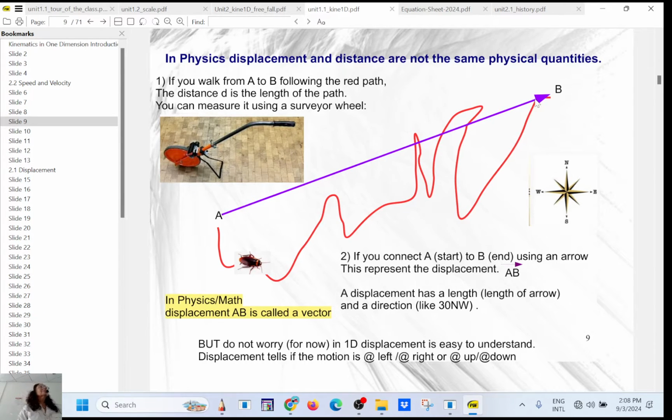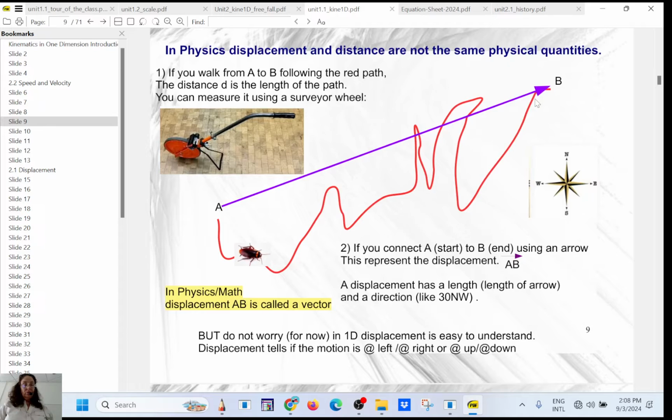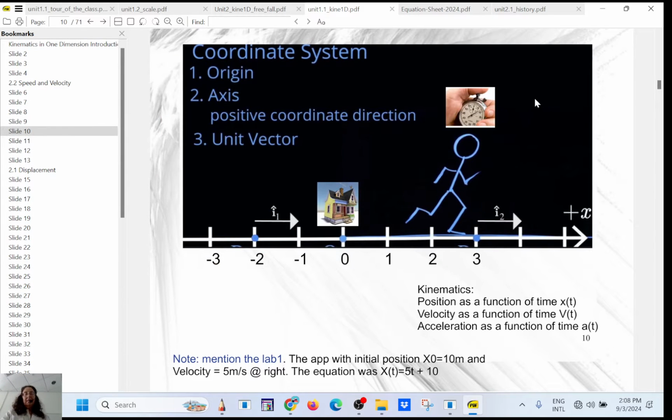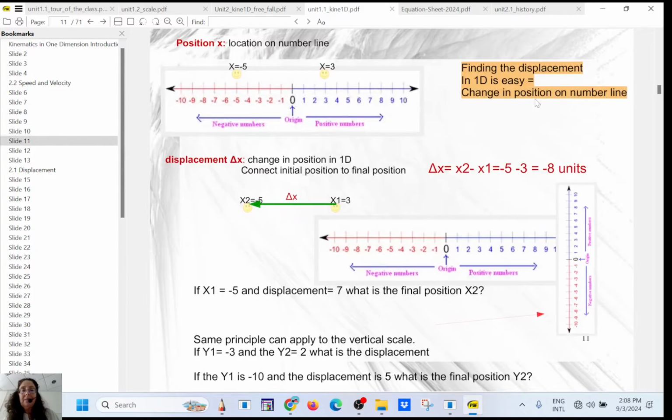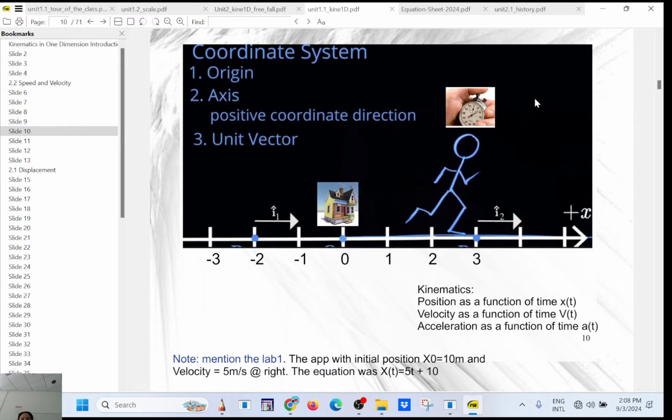A displacement is a vector. A force is a vector. It has a magnitude, a unit, and a direction. So that's just to review what we did last time. And we're going to be in kinematics 1D.